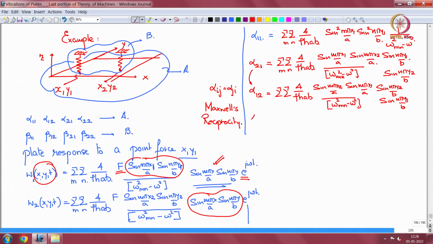And lastly, what is alpha 22? Alpha 22 is force at 2, response at 2. 4 by rho h a b, sin square m pi x2 by a, sin square n pi y2 by b, divided by omega mn square minus omega square.